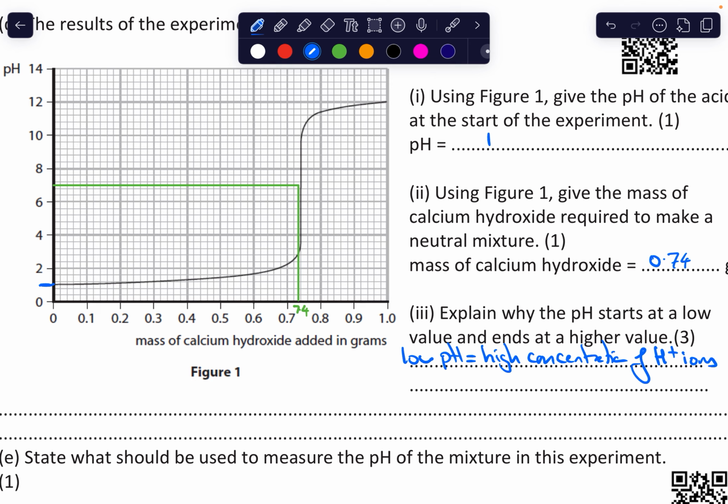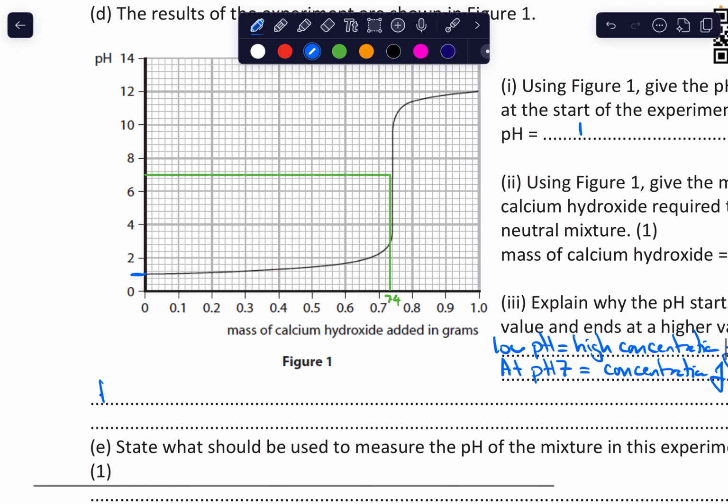And then I would mention the neutral point. At pH 7, what's special here is that the concentration of H plus and OH minus are equal. And then it goes to a high pH. Why does it go to a high pH?